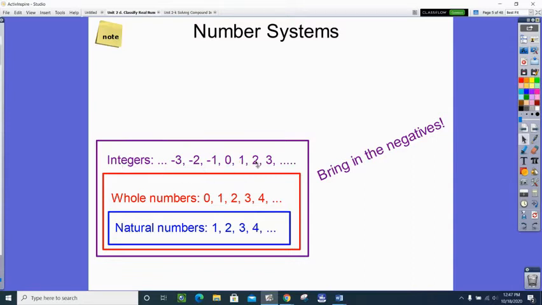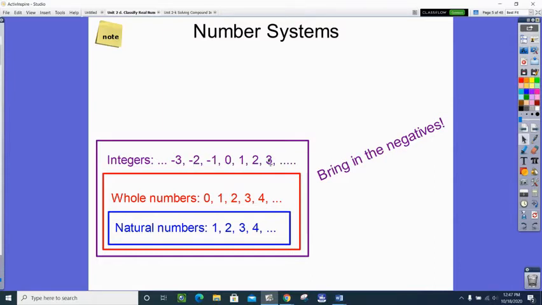So if you take the whole numbers, which are 0, 1, 2, 3, 4, and you add all of their opposites, that would be the integers. The number 1 is a natural number, a whole number, and also an integer. The number -1 is an integer, but it's not a whole number or natural number. So again, as we go up, each group becomes part of the next group, but not the other way around.